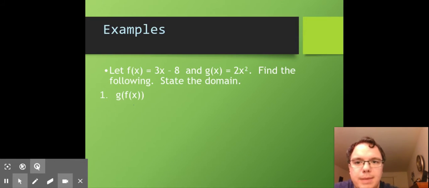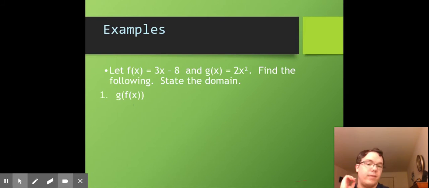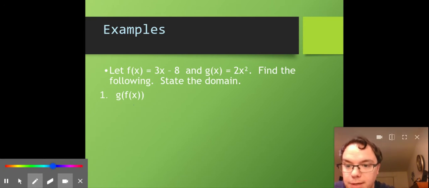All right, so I have a couple examples of trying this. So if we have f of x equals 3x minus 8 and g of x equals 2x squared, we're going to find g of f of x. This year we are not going to state the domain just because of our time restrictions that come with this being a COVID year.